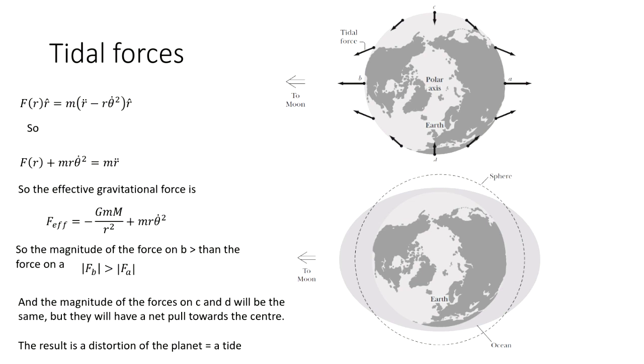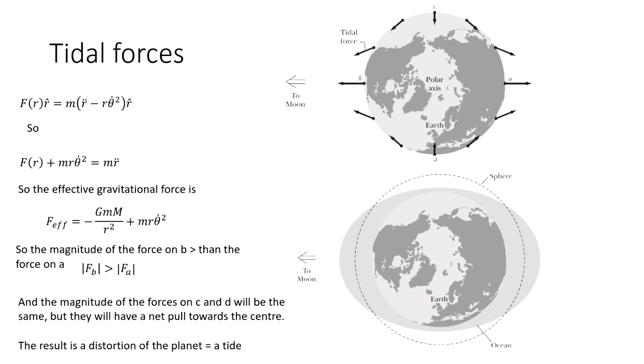So what we get, just like we had before with an effective potential, is an effective force. This central force is going to have not only the acceleration in r, so that's m r double dot, but also the centripetal bit, which will depend on the angular velocity, and so that's m r theta dot squared.